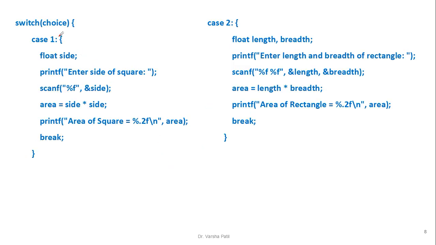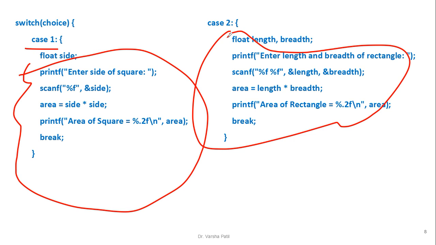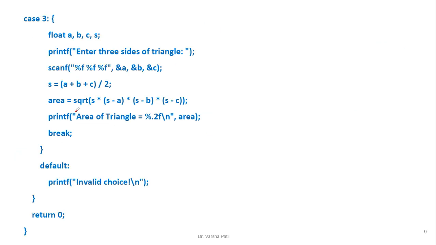When we enter the choice, then for case 1 it will do the operation for the square. For case 2, it will do the operation for the rectangle, using length and breadth. Here the opening and closing braces are not required as such, but if you want, you can give them for clarity or simplification.